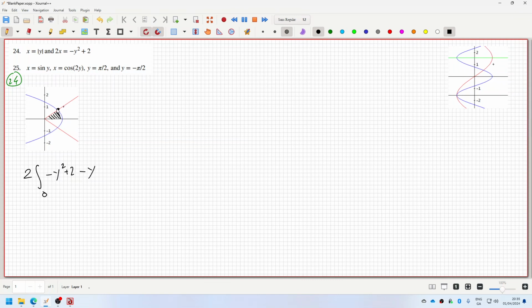Is that 1? Oh, I have to be careful because the 2 here, so that gets divided by 2. So that is over 2. So that would be twice the integral from 0 of minus a half y squared plus 1 minus y dy.